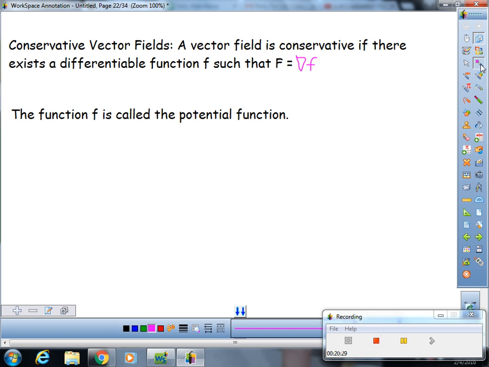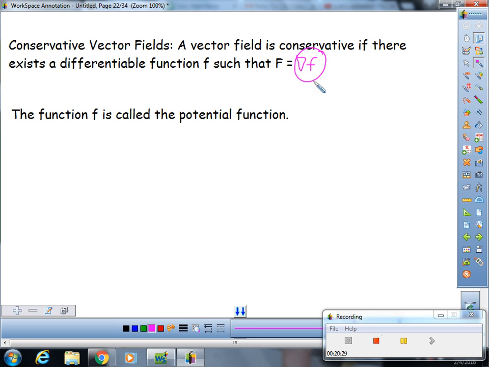But the way that we mathematically prove that it's conservative is that, so this right here, that is our vector field. So if our vector field came as the result of the derivative of a parent function, then it is conservative.